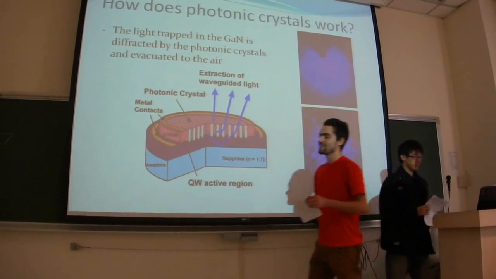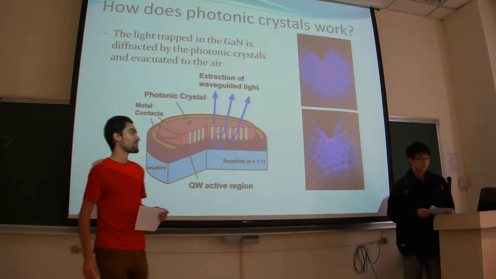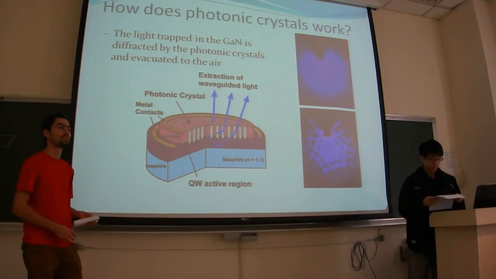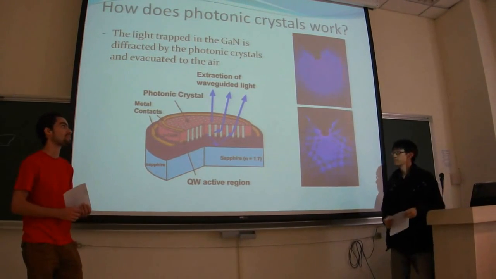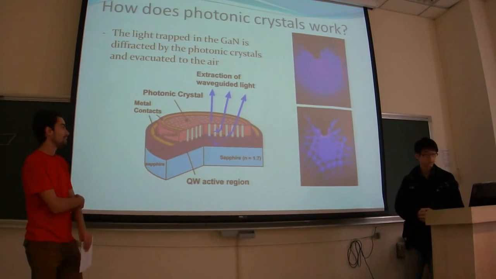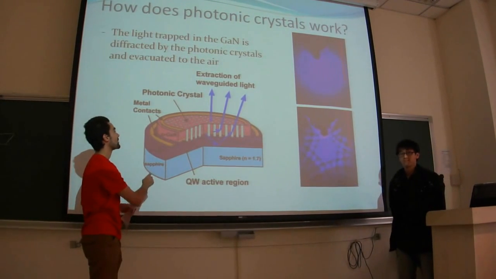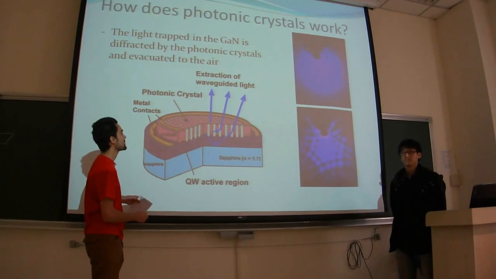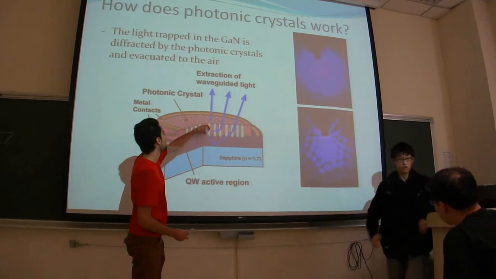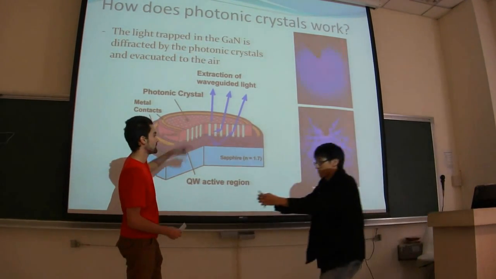So I'm going to explain the working principle of the LEDs with photonic crystals. Since this is more of an extraction light field, I'm going to go quite quickly through this. Here we have the diagram of an LED with photonic crystals.